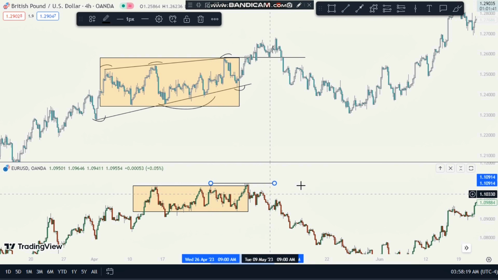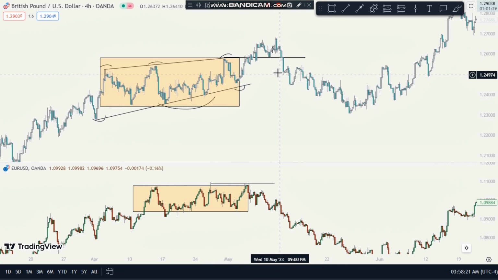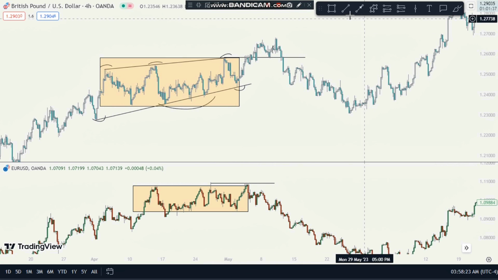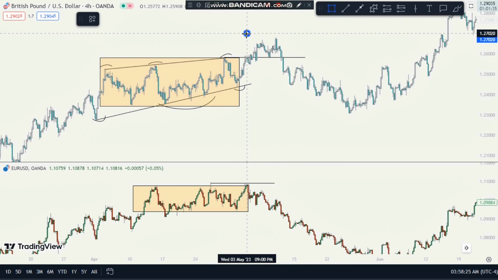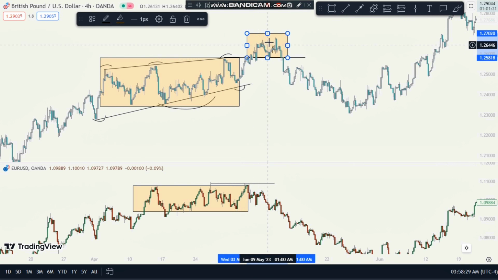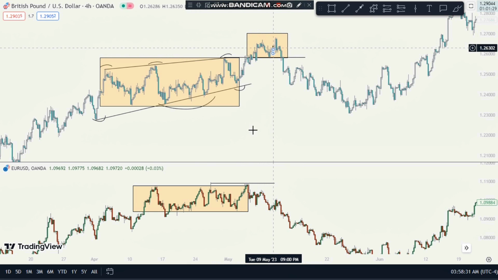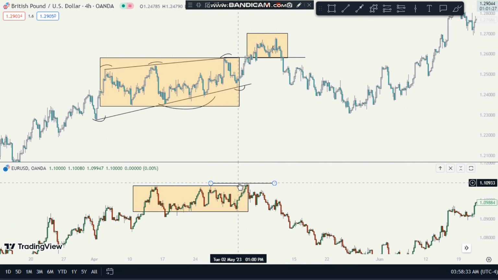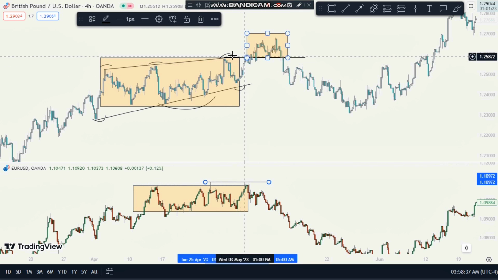So why does it happen? Because it means that the price has gone up just to take the liquidity, just to hunt the stop losses. It's not bullish at all. These are correlated pairs. Euro isn't going up, but GBP is going up. It just wants to take some stop losses, the buy side liquidity, and then it will go down.